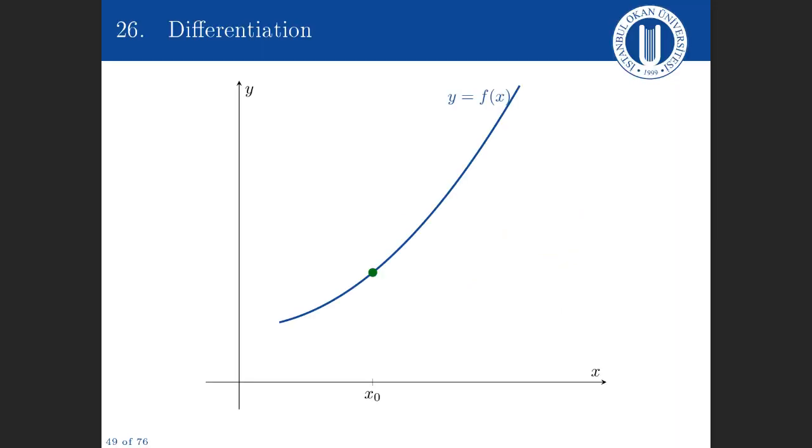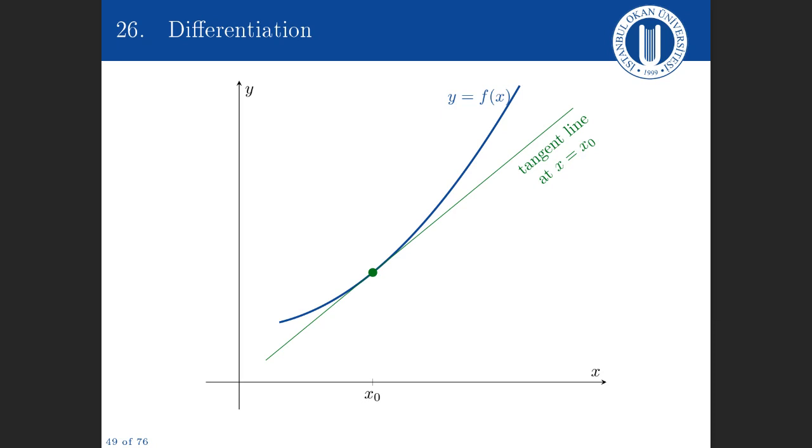But what if we don't have a straight line? What if we have a curve? What is the slope of this curve when x is equal to x0? Well, what we can do is we can draw a green line which just touches the blue curve and which has the same slope at this point.